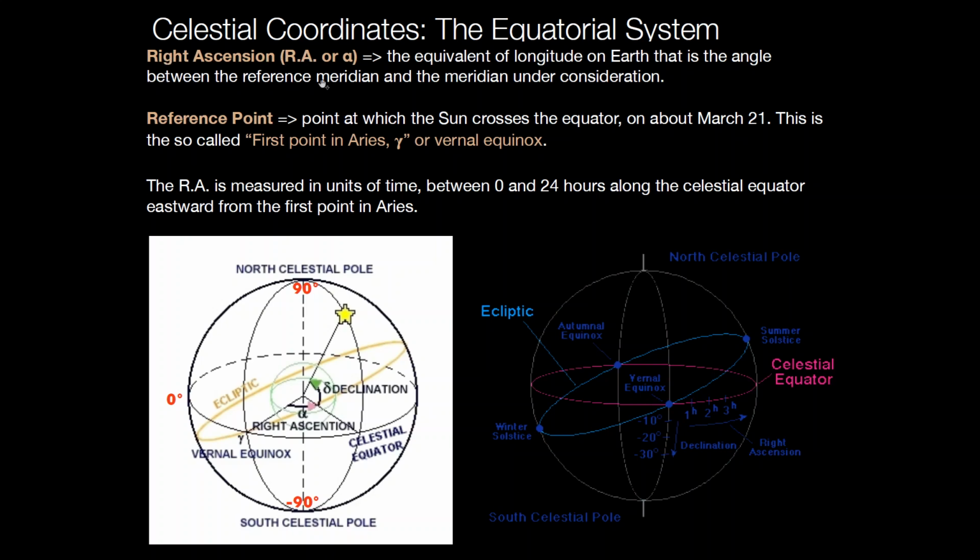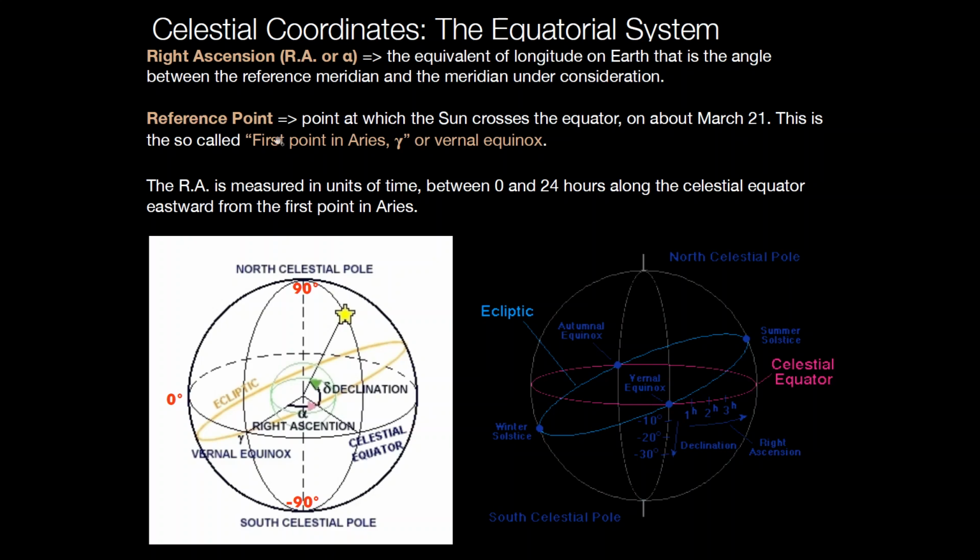The right ascension again is the equivalent of longitude. In the same way that longitude has a reference point, which is the Greenwich meridian I mentioned earlier, the right ascension needs a reference point as well.